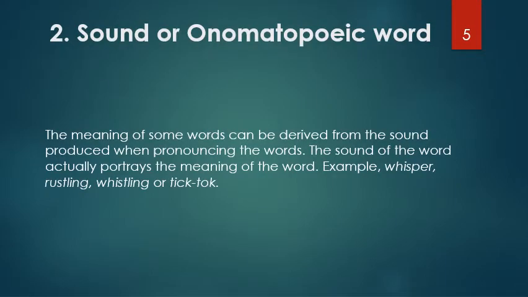Well, as I was saying, the second way of determining word meaning is its sound, or the cause of its pronunciation. Meaning of words could be derived from their pronunciation. For instance, take the meaning of the words whisper, rustling, whistling, tick-tock, knock, beat.